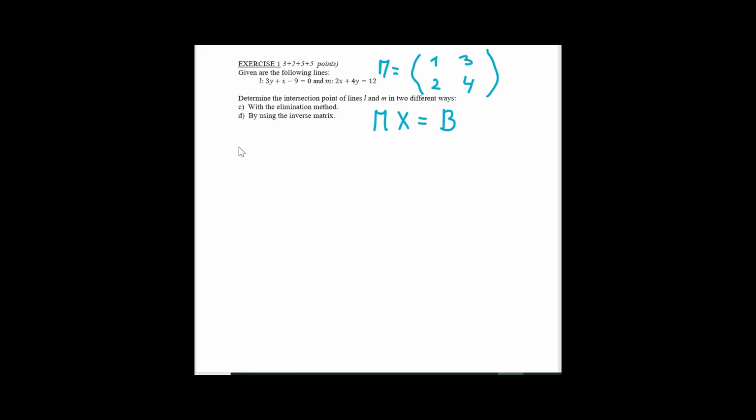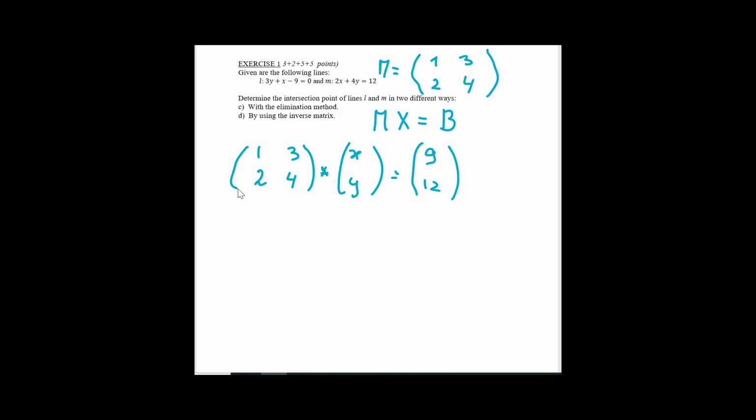Okay, and for question D, 1D, they want us to use the inverse matrix. So let's recap what we know about that. So the system is given with M times X being B. So let's write that with our values. So M would be 1, 2, 3, 4 times XY would become B, and B was the result value. So that would have been 9, 12.